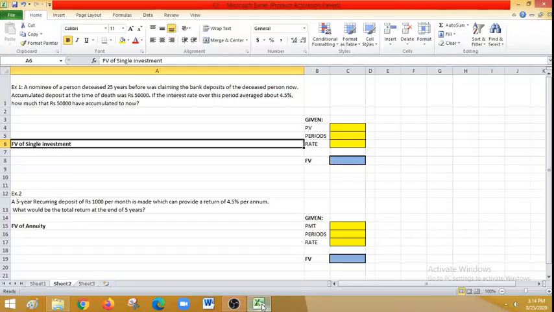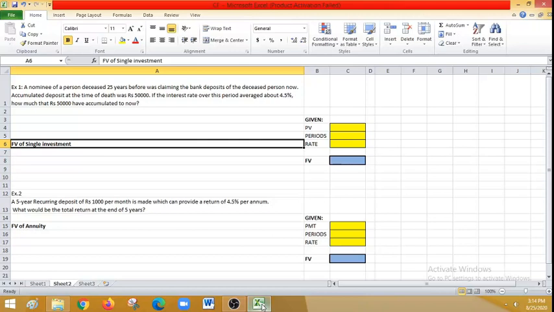The purpose of this video is to explain how the future value of a single investment and the future value of an annuity can be calculated through an inbuilt function in Excel. For this I have two examples: one to explain the future value of a single investment, and another to explain the future value of an annuity.